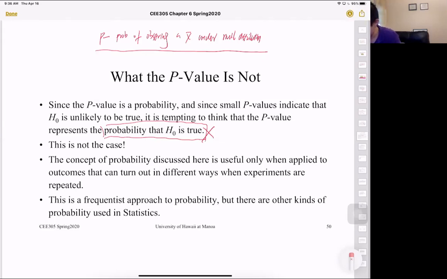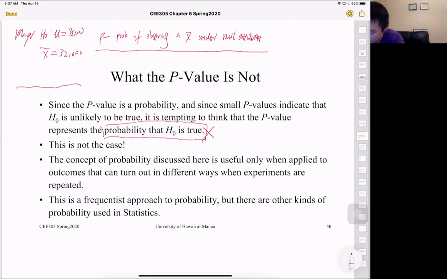To explain this concept more, let's go back to the previous example. The mayor said H0, the mean income of the city is $35,000. A sample of, I don't know how many, maybe 50 people, has an average income of $32,000.